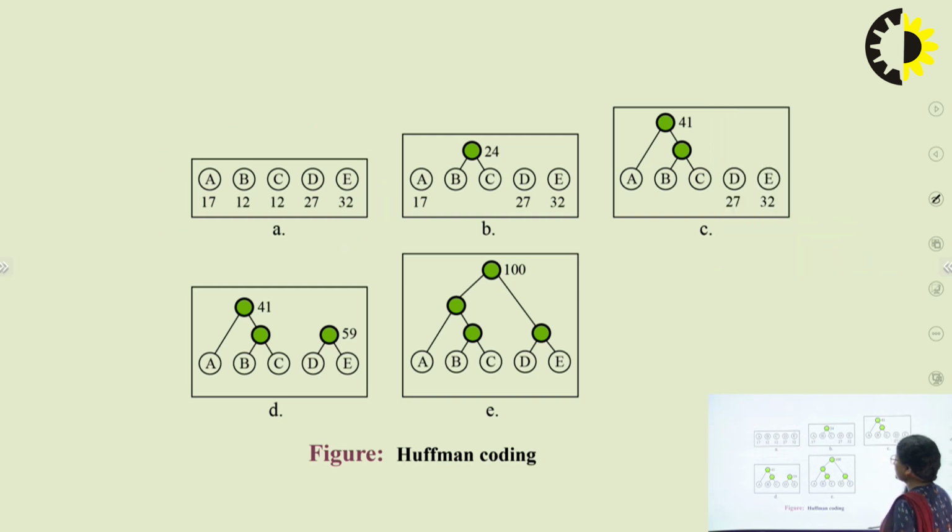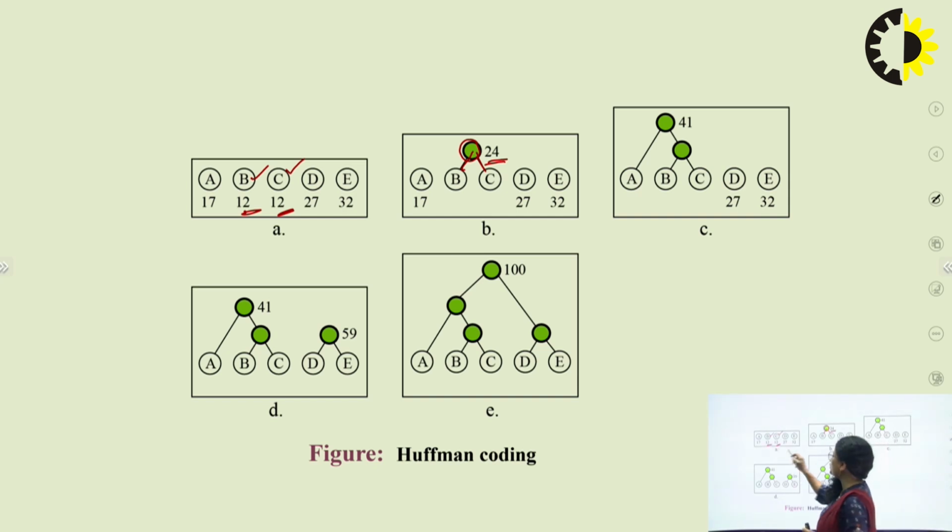Now the algorithm is, to start with, we take those two nodes which have the least weights. Here the nodes corresponding to the characters B and C have the least weights. So we take those two nodes and combine them, and we get a combined weight by summing the weights of those two nodes.